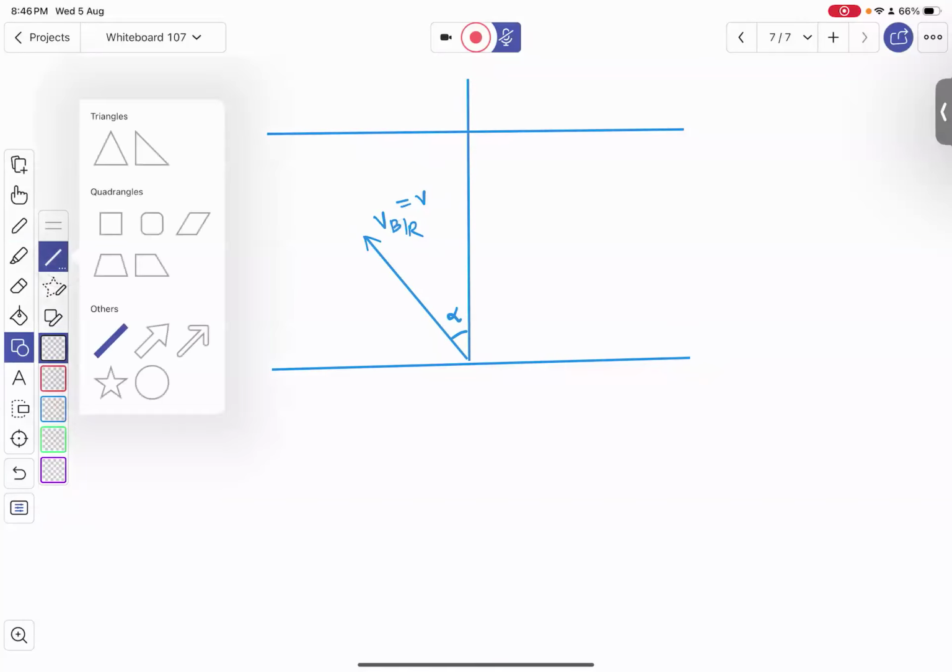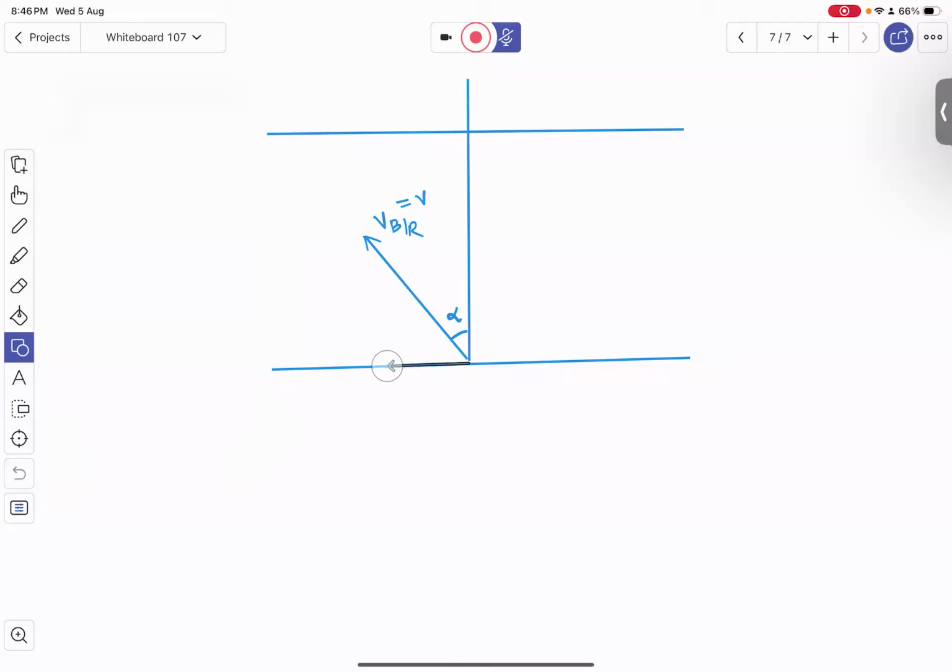So the effect of this vector along the x direction will be V sine alpha, and the effect of this vector along the y direction is V cos alpha. And VR is this side, no? So VR has no component along the y direction.